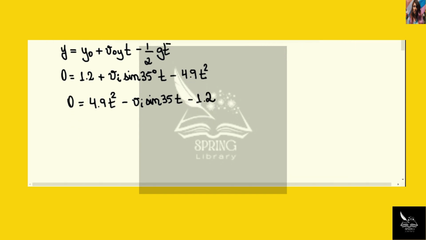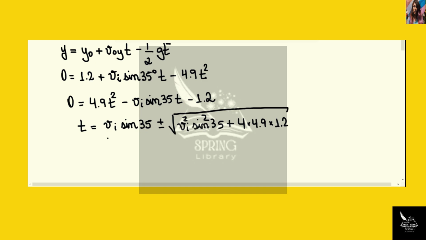And from here we can find the time t using Bhaskara's formula. So t is equal to vi times the sine of 35 plus or minus the square root of vi squared sine squared of 35 plus 4 times 4.9 times 1.2, divided by 2 times 4.9.